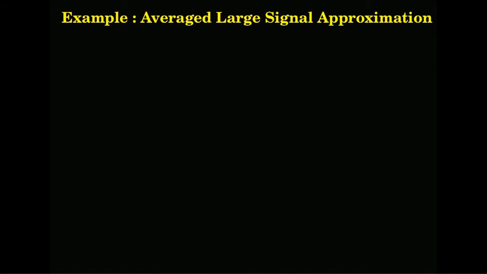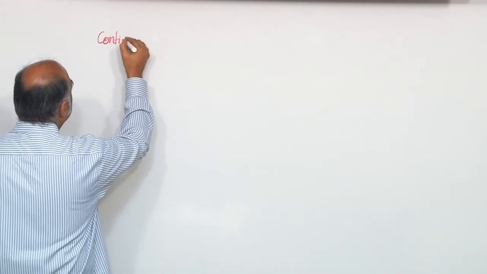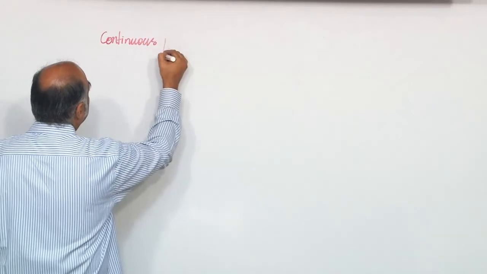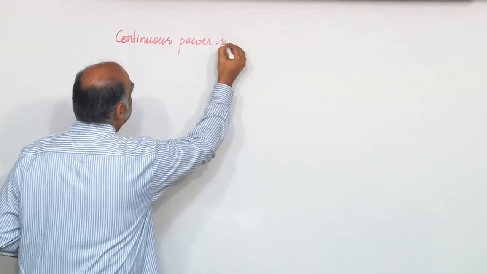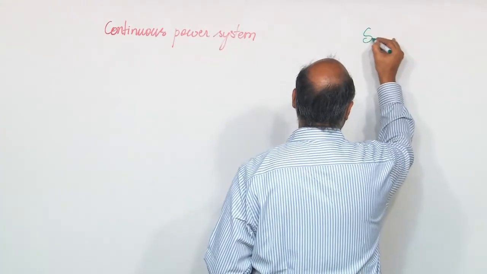So, let us look at this averaged large signal approximation. In the case of our normal continuous case, from the large signal, what do we do if we land up in a non-linear or time varying case? We use the linearizing approach, right? So, in the continuous signal case, you have the continuous power system and the switched power system.